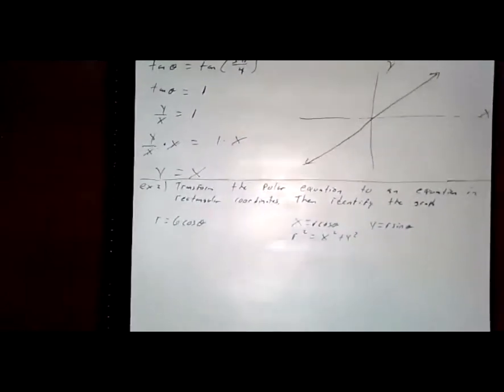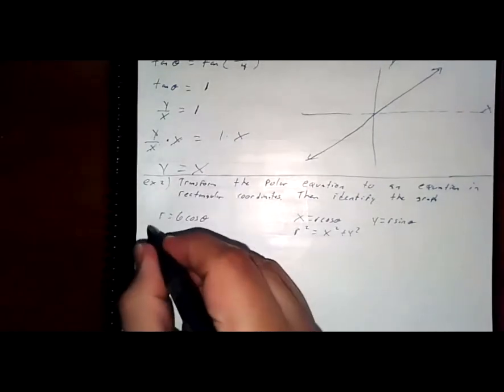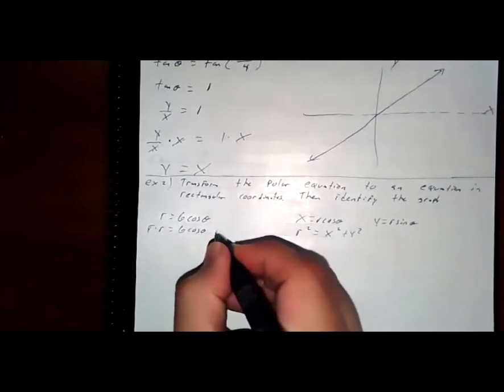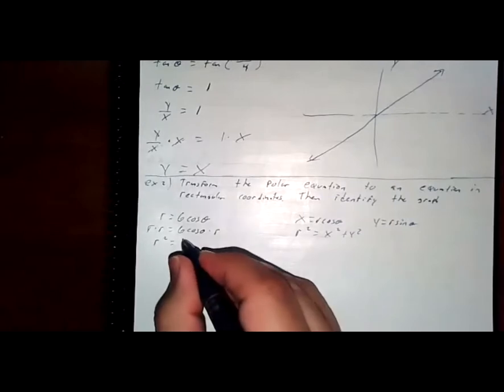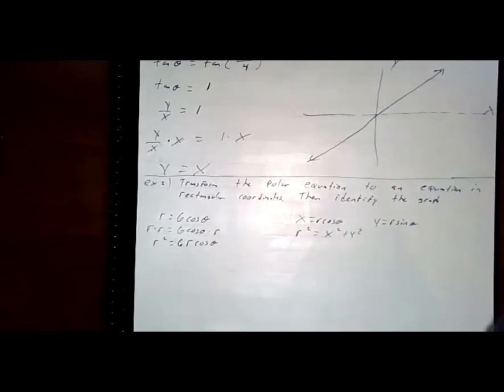Okay. I don't have an r on this cosine to change it into an x, but I could introduce it on both sides, right? I could say r times r equals 6 cosine theta times r, which gives me r squared. I'm going to put the r right in front of the cosine because that's what I'm going to replace.